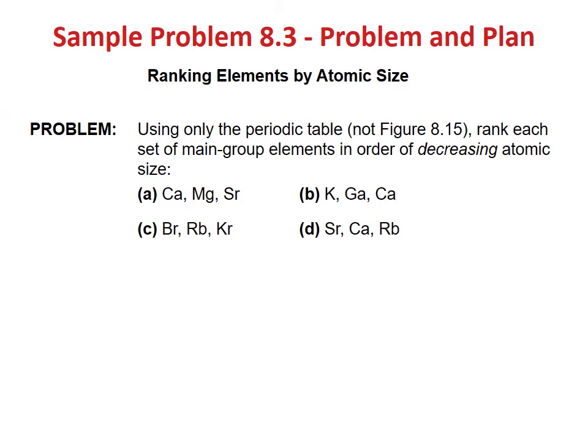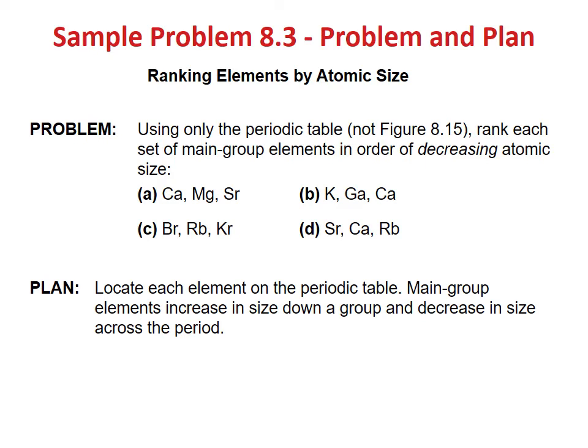Sample problem 8.3. Using only the periodic table, rank each set of main group elements in order of decreasing atomic size. So we need to locate each element on the periodic table. And remember, main group elements increase in size down a group and decrease in size across the period.